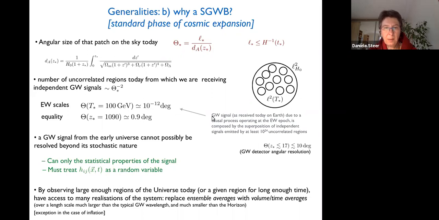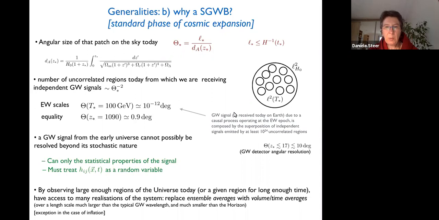In other words, the gravitational wave signal as received today on Earth, due to a causal process operating at the electroweak epoch, is composed of a superposition of about 10 to the 24 independent signals emitted by at least 10 to the 24 uncorrelated regions. You can do the same calculation at equality and you get an angular size of about 0.9 degrees.